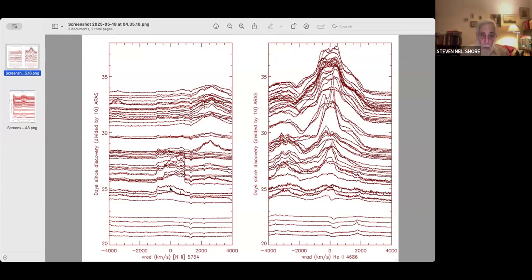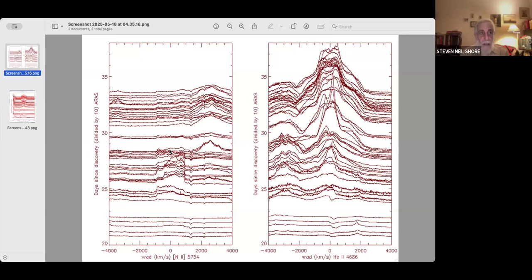The parts that will vary first are the highest velocity. The parts that vary later are going to be the lower velocity. So you can reconstruct the gradient in the velocity, and from that, you can determine independently the mass of the central hole. And that has been done now for dozens of galaxies.